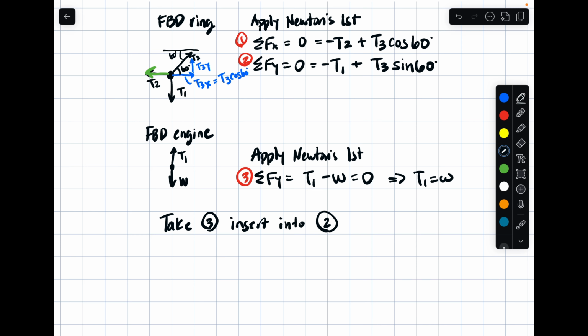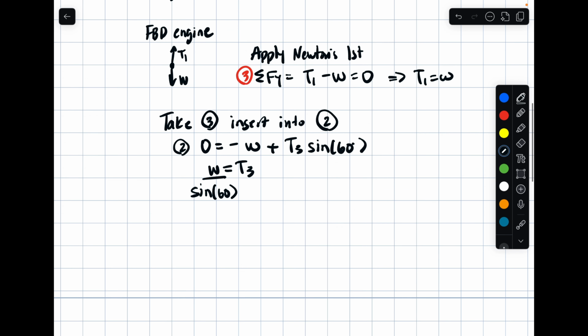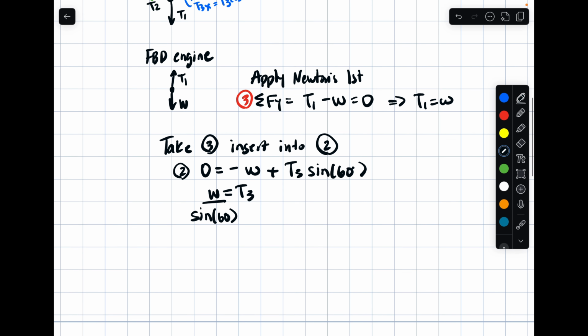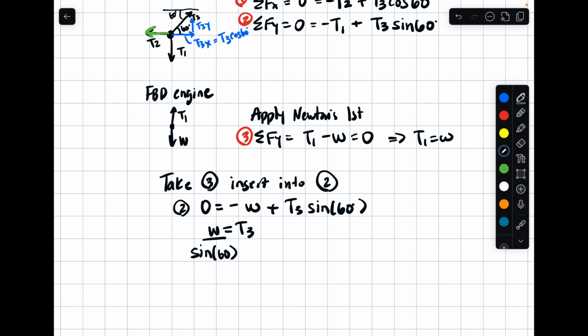So I'm going to get 0 equals negative weight plus T3 sine 60. So now I can solve for T3. I'm just leaving it as sine 60. I'm not evaluating it. We're just going to move it around like a variable. So we've solved for T3, and we know T1.